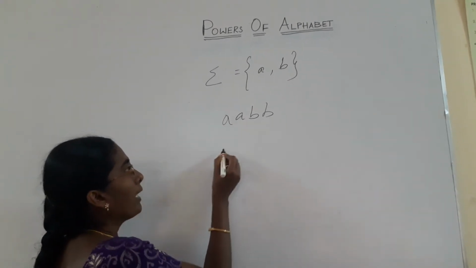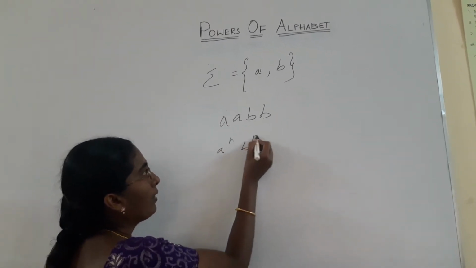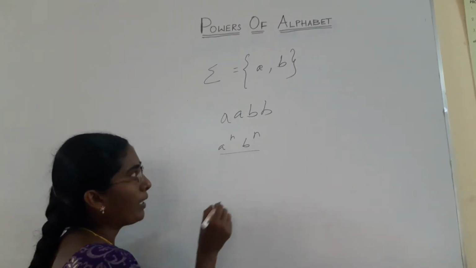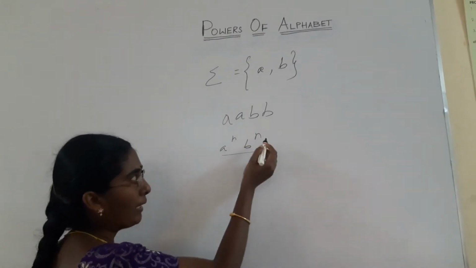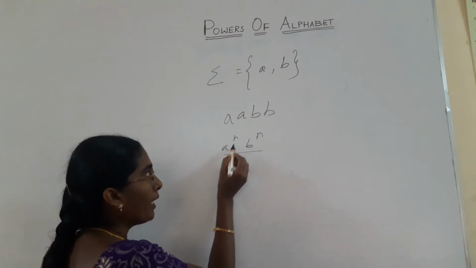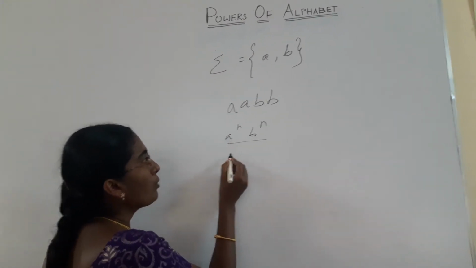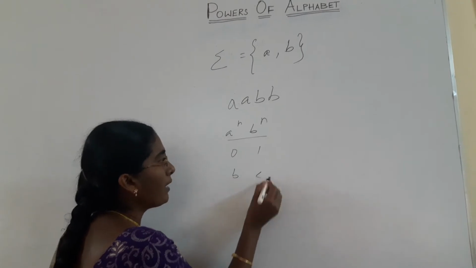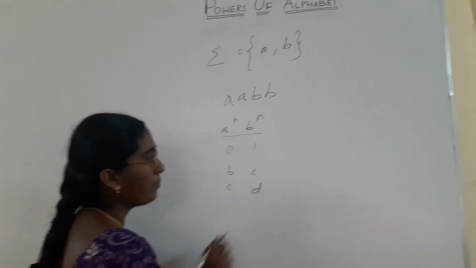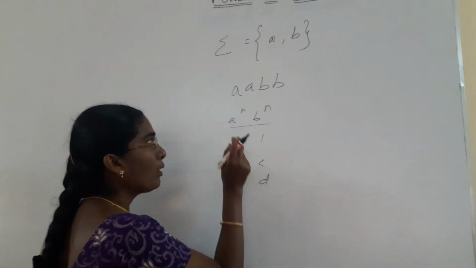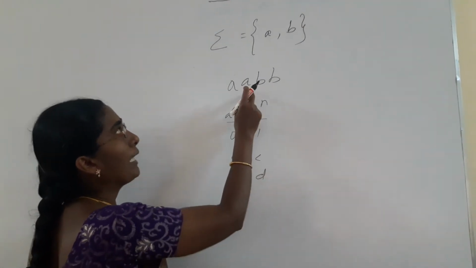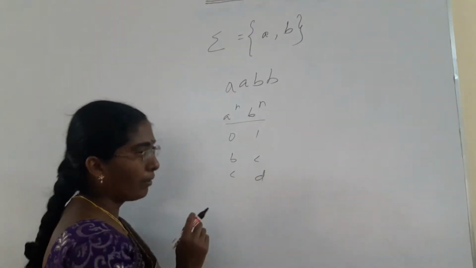That is a power n b power n. It is called the language, that is n number of a's followed by n number of b's. Instead of a, we can use 0, 1 or b, c or c, d, any symbols. This set of symbols we are using in our language is called the alphabet, right?